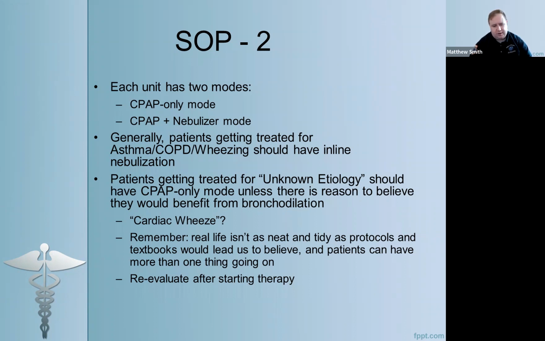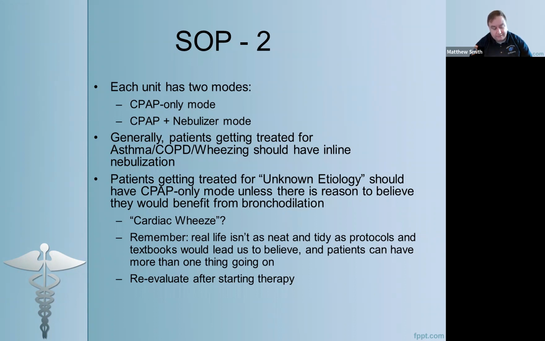If you have a patient who has a cardiac wheeze, you give bronchodilators, remember that ipratropium and albuterol both are going to tend to make the heart beat harder and put out more blood, and that can worsen fluid overload. That said, CPAP also tends to reduce cardiac output by increasing intrathoracic pressure. So it's impossible to say in the abstract which of those effects would predominate in a given patient.